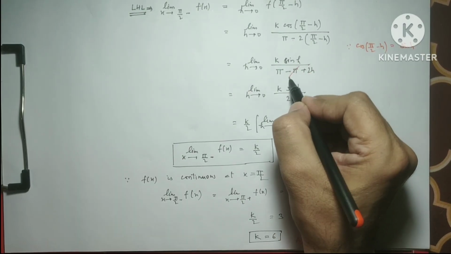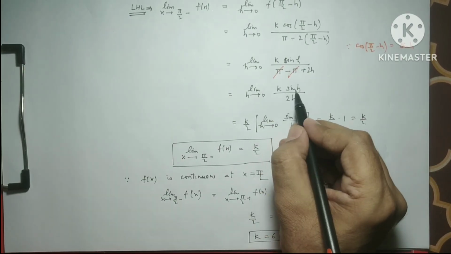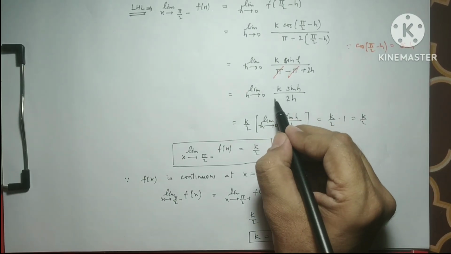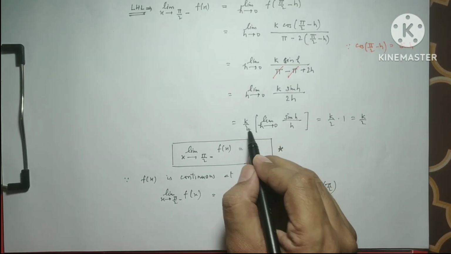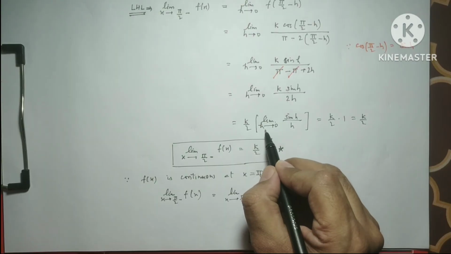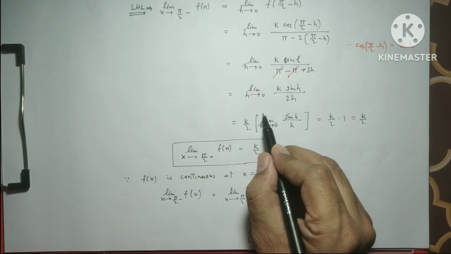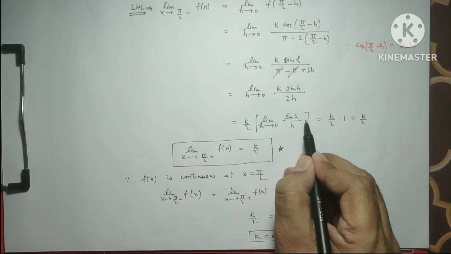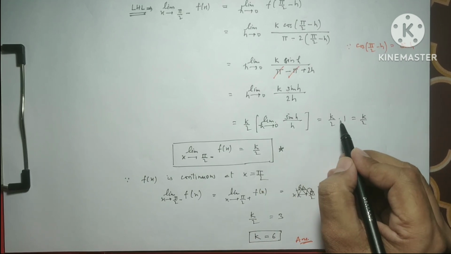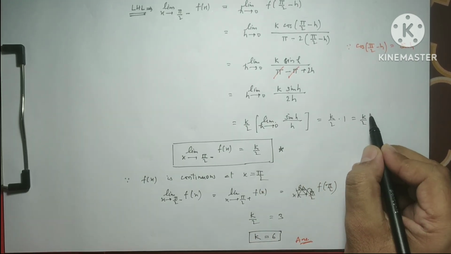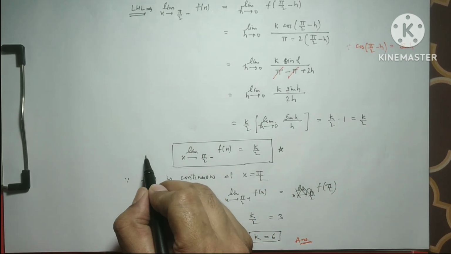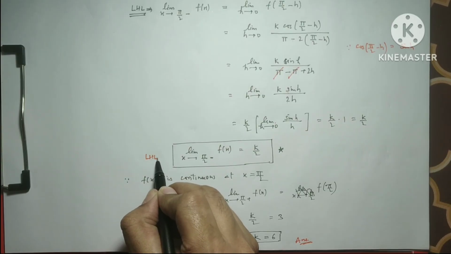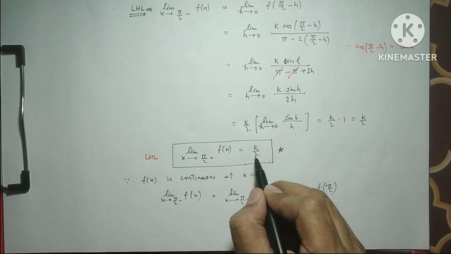It means cancel out the pi, k sin h over 2h. So we extract k by 2 from this expression, and the limit of h tends to 0 of sin h over h, you know very well, is 1, so k by 2 into 1 is again k by 2. It means the left hand limit of this expression is also k by 2.